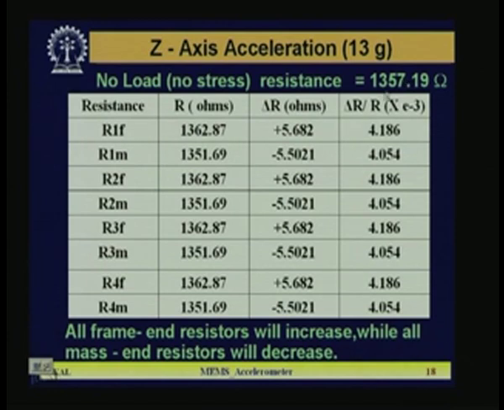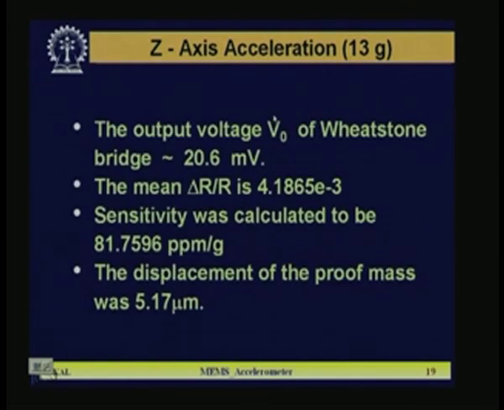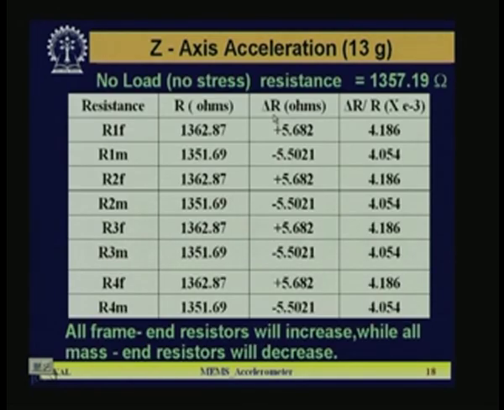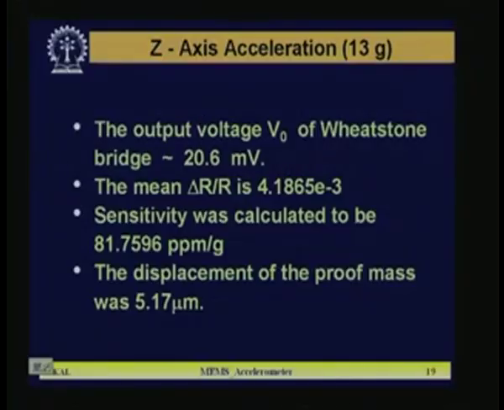So these resistances are shown here, and delta R, the change of resistance for 13G acceleration, is also calculated, and those values are shown. Delta R, you see, one is plus, another is negative, plus minus, plus minus, plus minus. It stands for one being tensile, another compressive. So tensile is positive and the other one, negative, is for compressive.